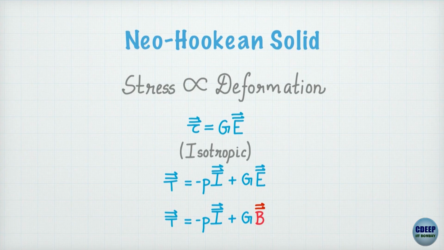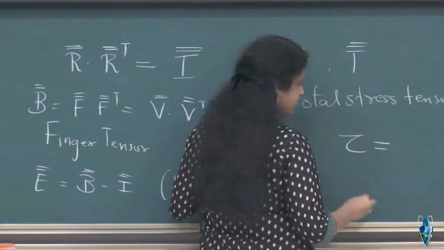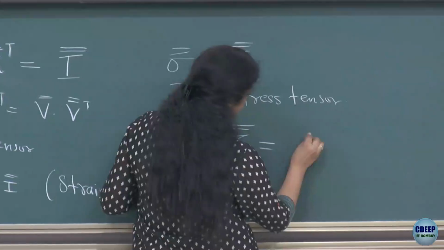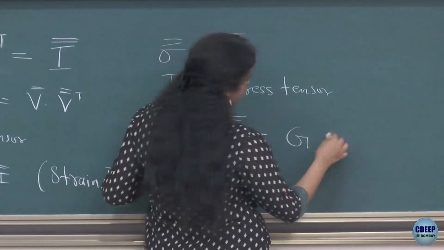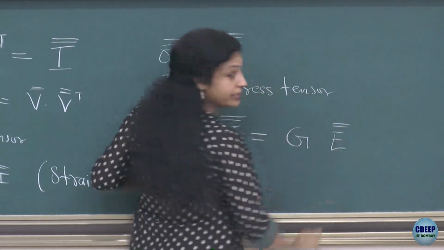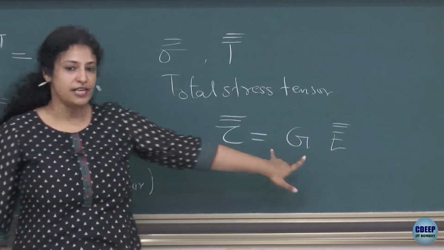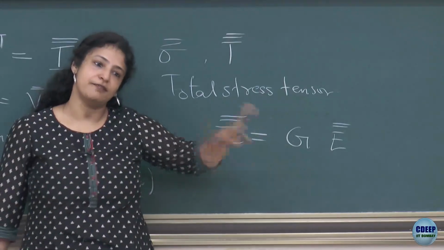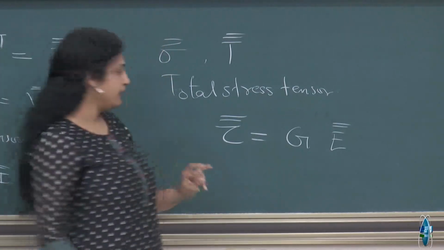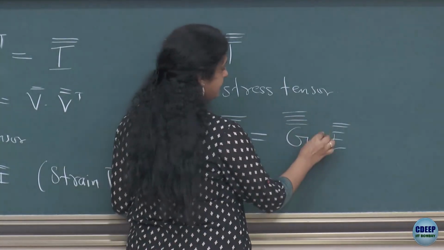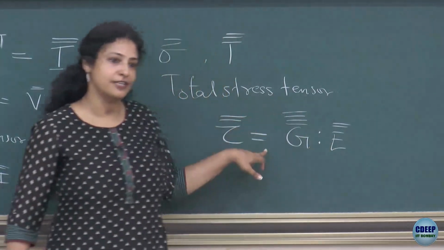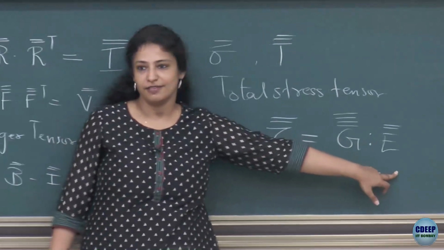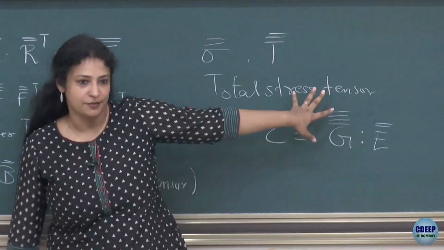Had we not taken all of these into the picture, the most general equation would have been that tau is equal to a tensor G applying some operation on tensor E, right. So, the most general form of this G would actually have been a 4th order tensor G double dotted with the tensor E. That would have been the most general scenario.